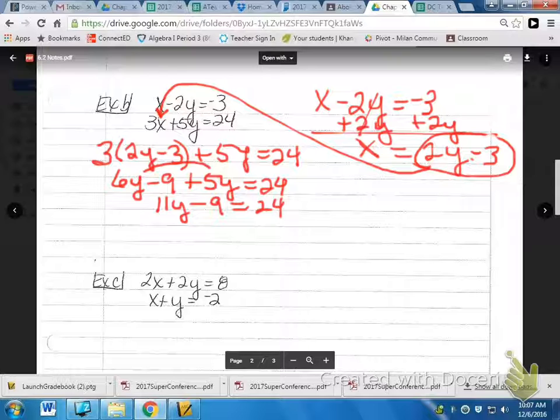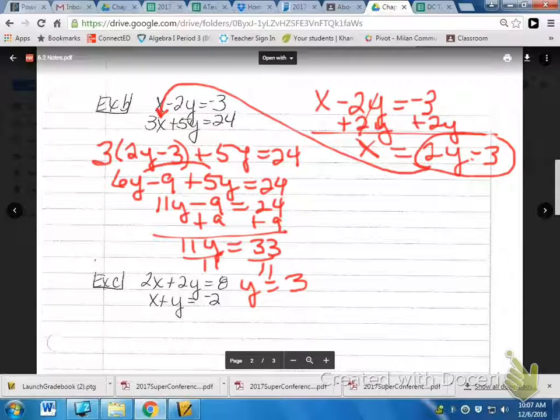My y is on the left, so I'm going to add 9 to both sides. 11y equals 33. Divide by 11, y equals 3. I'm ready to start my solution. So y equals 3, so I would put 3 in the y spot.